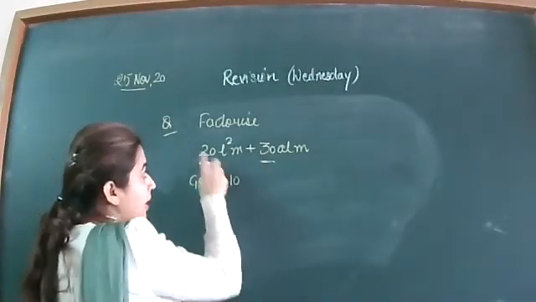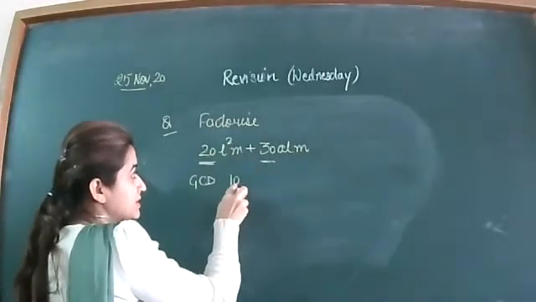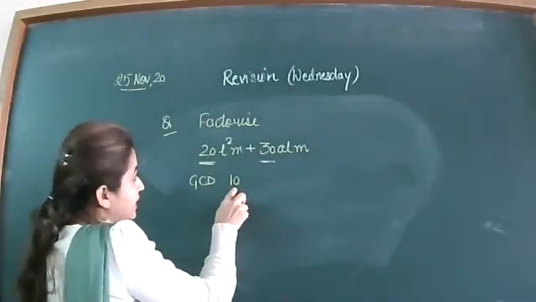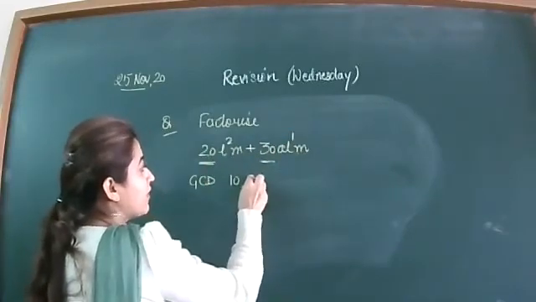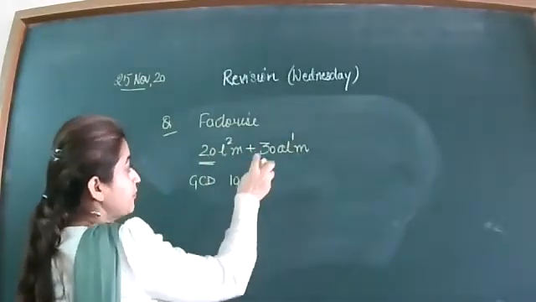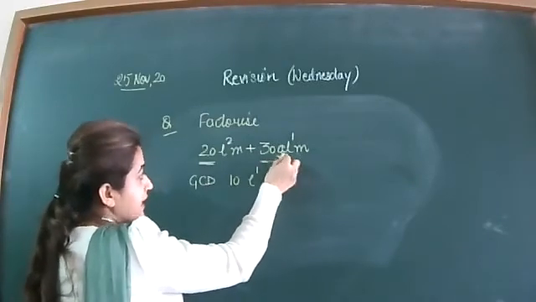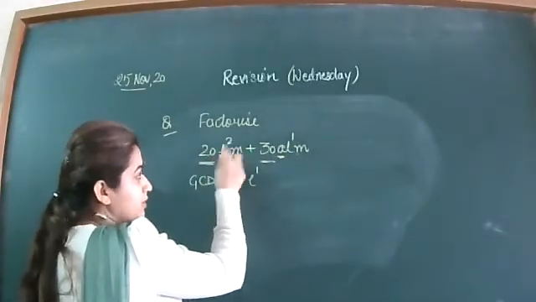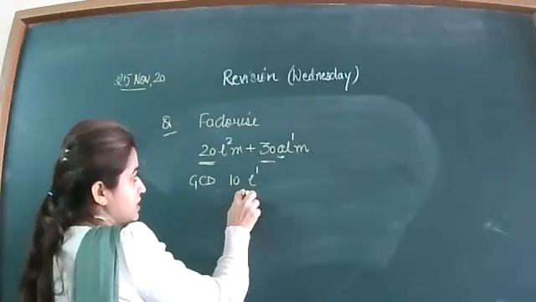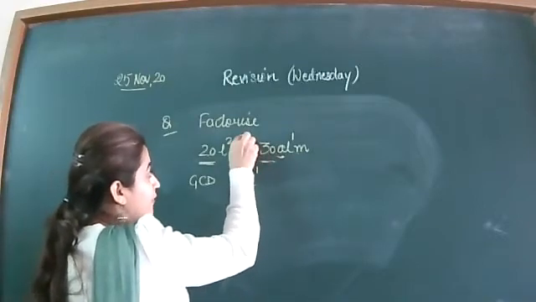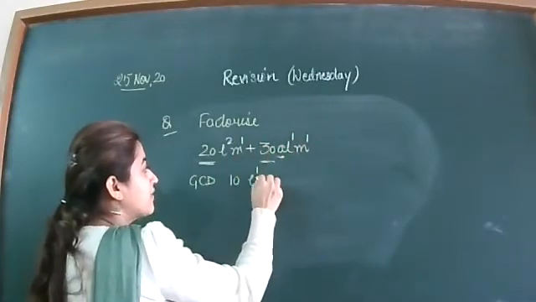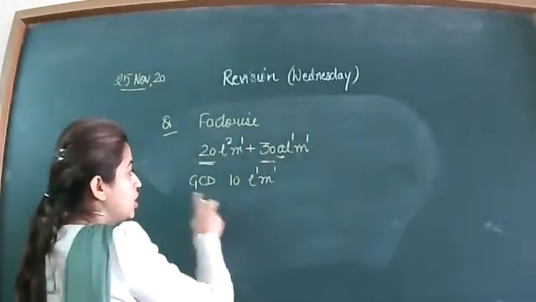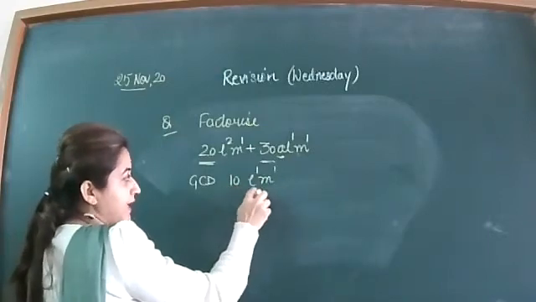So 10 will be a part of the GCD because these two numbers are divisible by 10. From L square and L raised to power 1, the least power is L raised to power 1. A is there in the second term, but A is not there in the first term, so A will not be a part of the GCD. From M, you have power of M as 1 and power of M as 1, so the least power is M raised to power 1. So the GCD is 10LM.